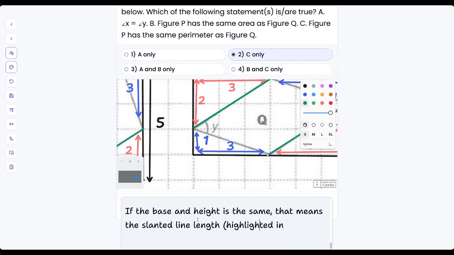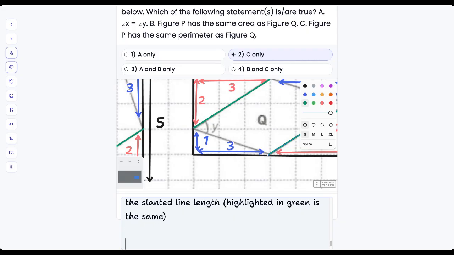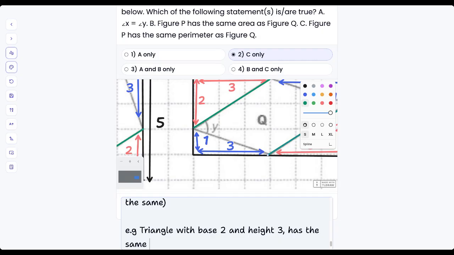Right, so if the base and height is the same, that means the slanted line length highlighted in green is the same, right? So for example, a triangle with base 2 and height 3 has the same slanted line as one with height 3 and base 2. Okay, so same, right?